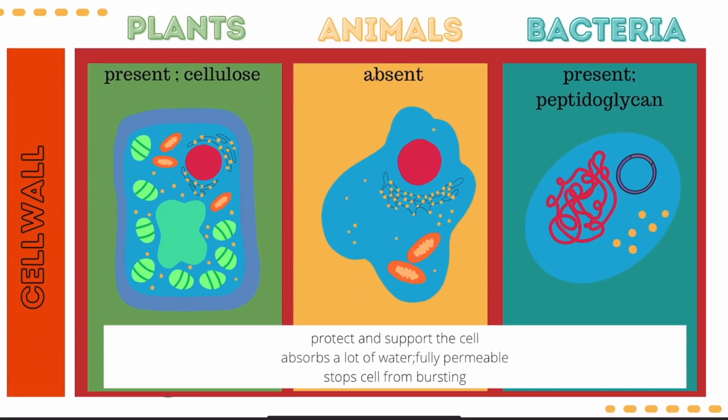Next up is our cell wall. Cell wall can be found in plants and in bacteria, but it is absent in animals. In plant cells, cell walls are known to be tough, non-living layer made up of cellulose, and it surrounds the cytoplasm. So it is this purplish area.